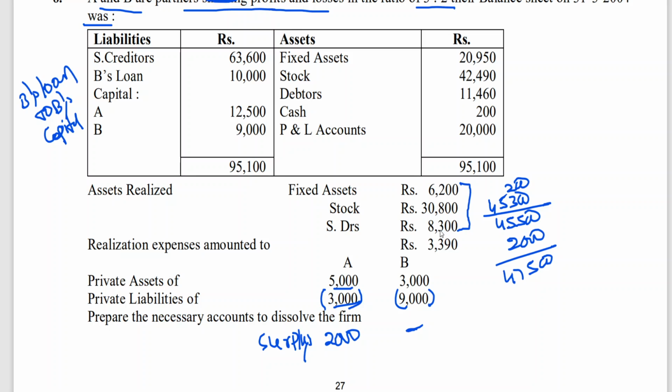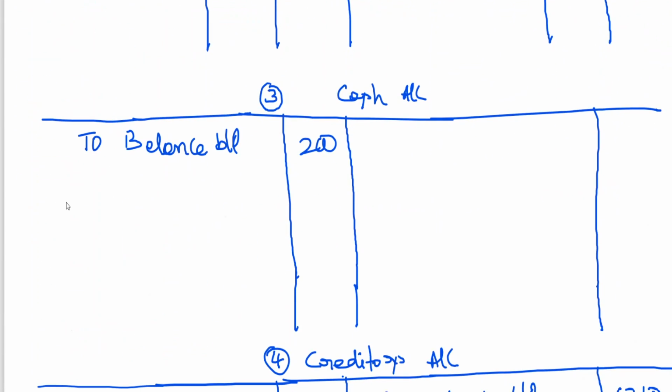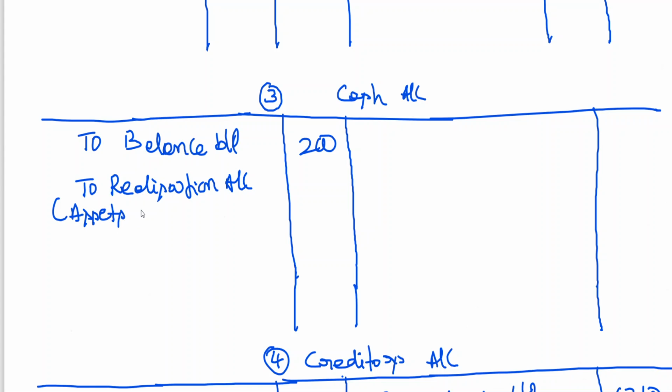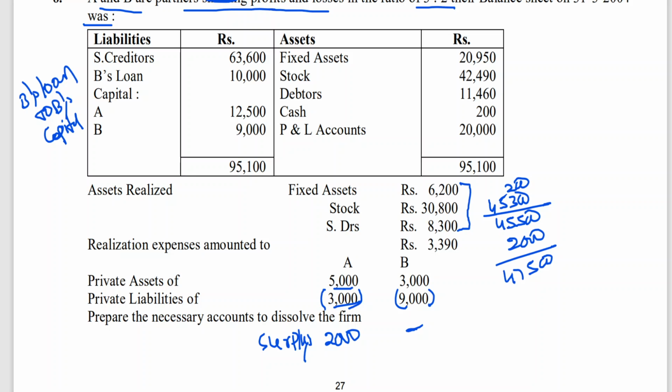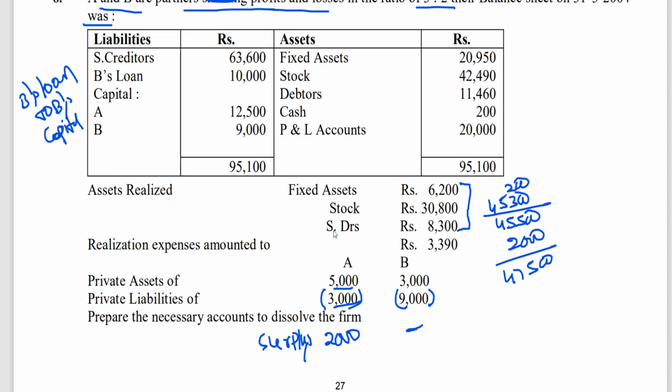Okay. So it is coming to 45,300. I have already written. Right. Then next one, in cash account, I must write this one. To realization account. Assets realized 45,300. Okay. Then let us move on to realization expenses entry. 3,390.